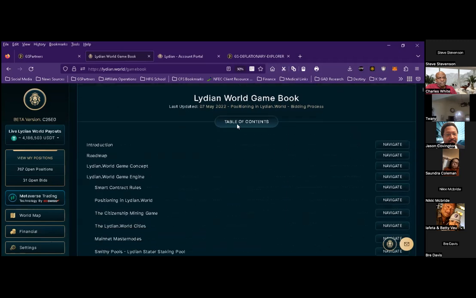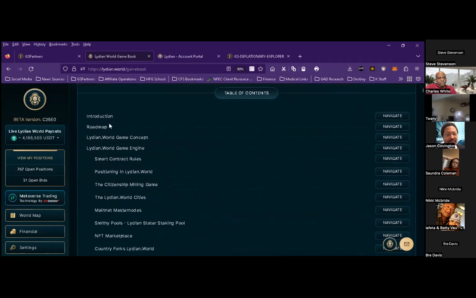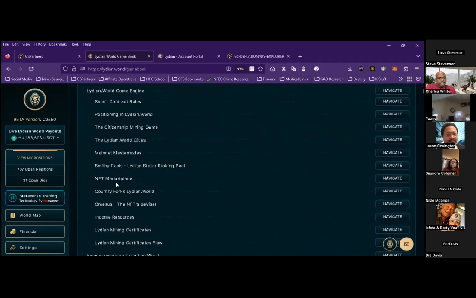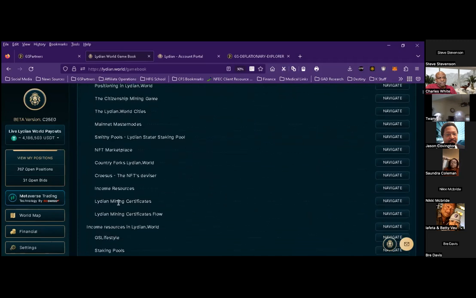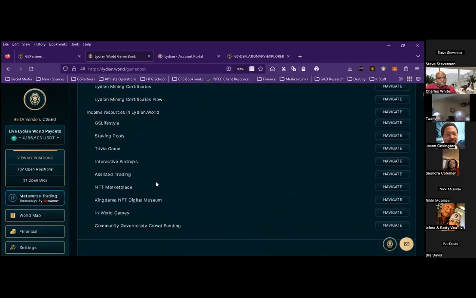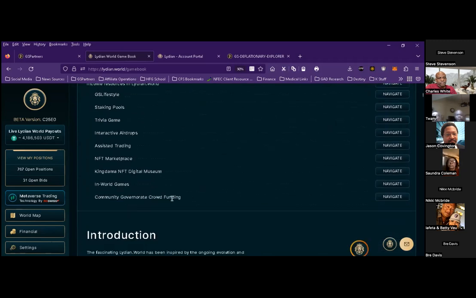It's going to take you directly to a table of contents where you can see the introduction, roadmap, all the way down to how the game engine works, smart contracts, master nodes, NFT marketplace, everything we have going on here, mining certificates, the card solution, different income sources. All of it has a section in the game book. And you can do what I did.